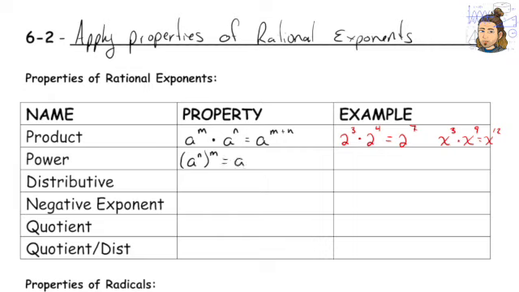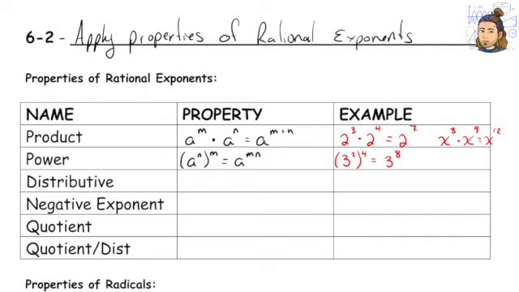So we get a to the mn, or m times n. With a number here, we can see that this would be 3 squared to the fourth, and that would become 3 to the eighth. Okay, so exponent to an exponent, we multiply.